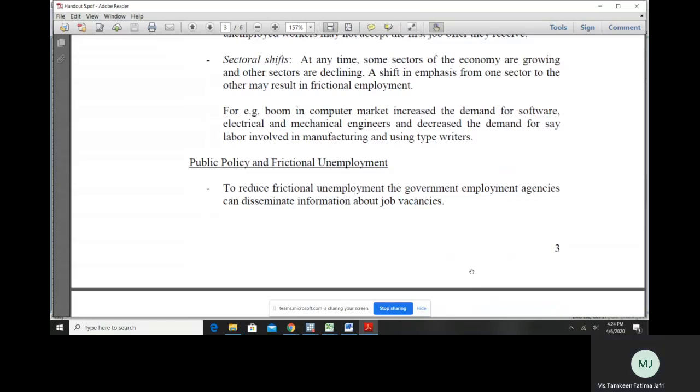खैर जब आप जो factors पढ़ते हैं which results in frictional unemployment, तो आपके जहन में solutions भी they should have started to come up.